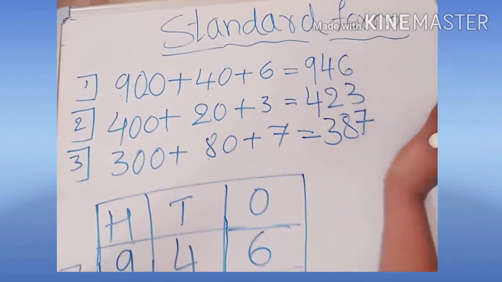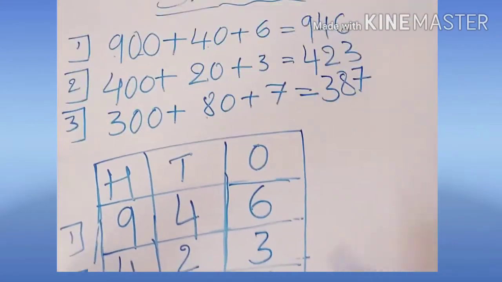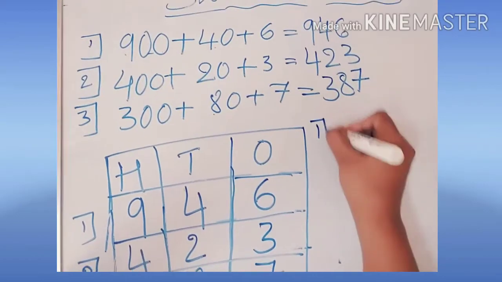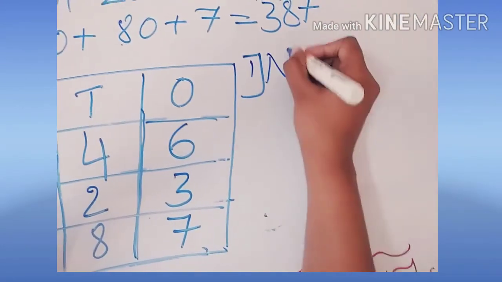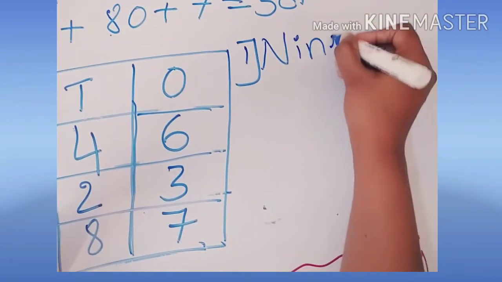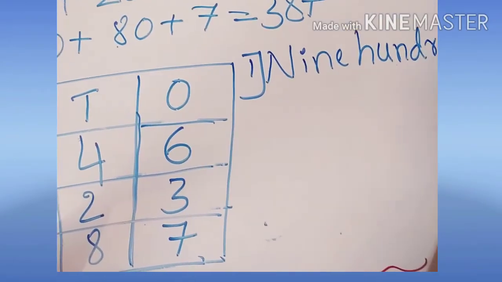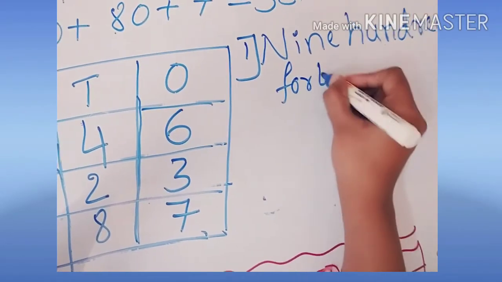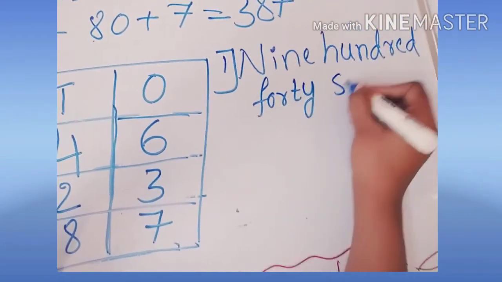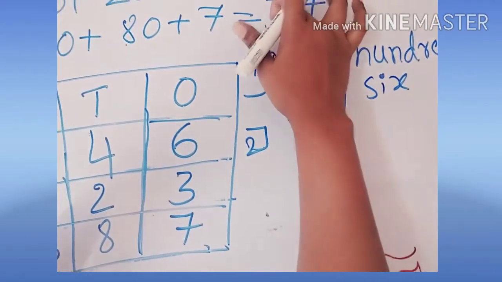Understood, children? Then, how to write the number names of these numbers? First, see the example, 946. 9, N-I-N-E, 900, 46. And second one, 423.